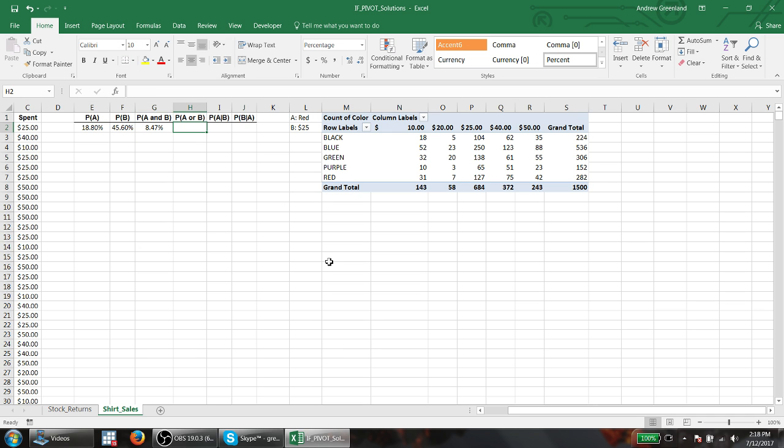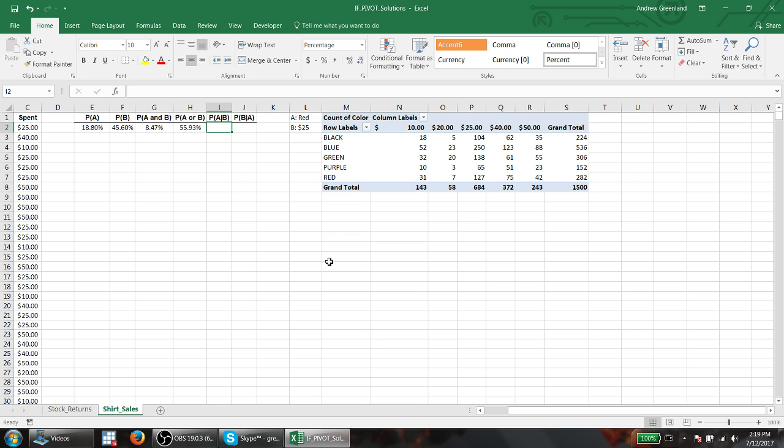Now to calculate the probability of A or B, all we need to do is follow our rules on the slides, which tell us when we see the word or, we take the probability of A, add the probability of B, and subtract the probability that both occur simultaneously. Having already calculated those values, we can say this is simply E2 plus F2 minus G2. We'll find out that of all of the possible outcomes, almost 56% of the people either purchase a red shirt, spend only $25, or both.